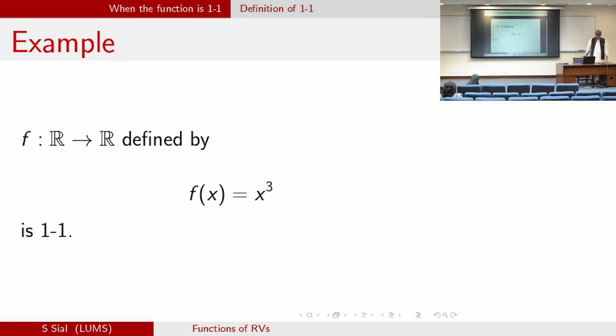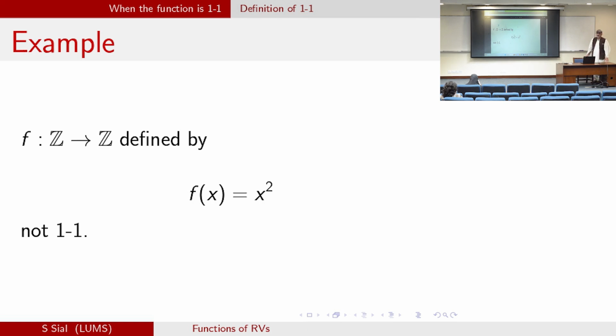Let's just do a few examples. F sends reals to reals, defined by f of x equals x cubed. That's one-to-one, right? If I drew a horizontal line through the graph of this function, that line would hit only 1 point. It wouldn't hit 2 points. F sends integers to integers, defined by f of x equals x squared.